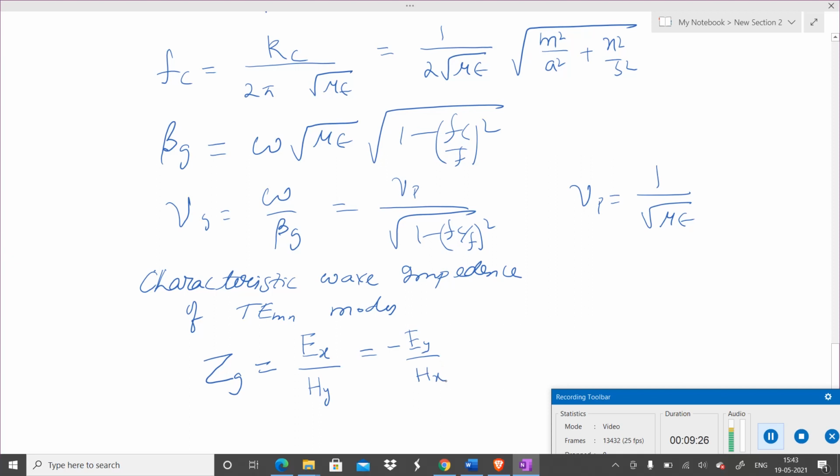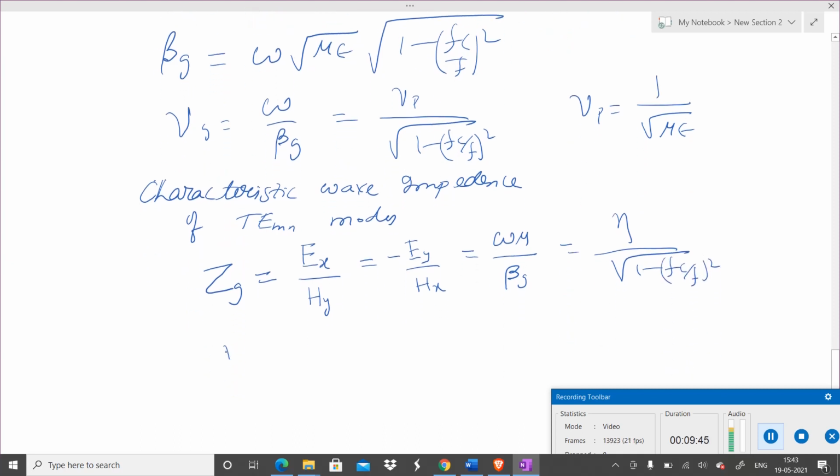This definition we have from the previous analysis in earlier lectures, and it was found to be omega mu divided by beta g, which is eta divided by under root of 1 minus (fc by f) whole square.